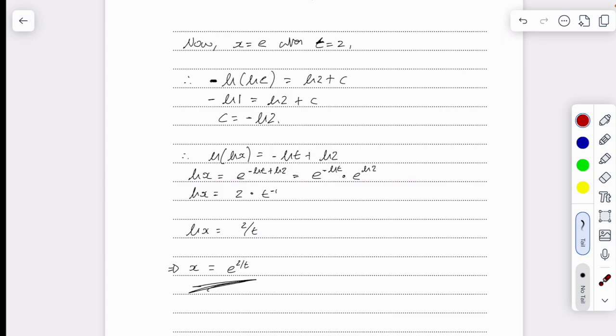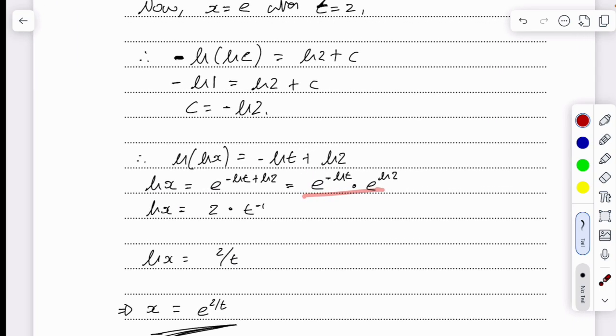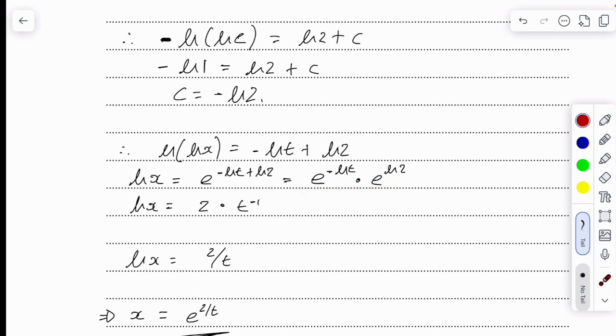We raise everything to e, and then we apply the logarithm rules. As a result, we get 2 times t to the minus 1, so x equals e to the power of 2 over t.